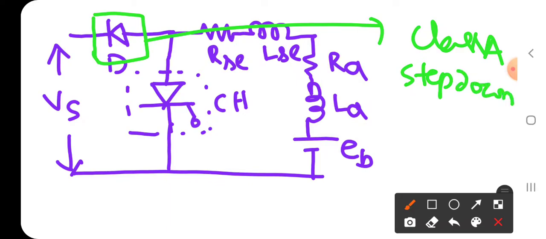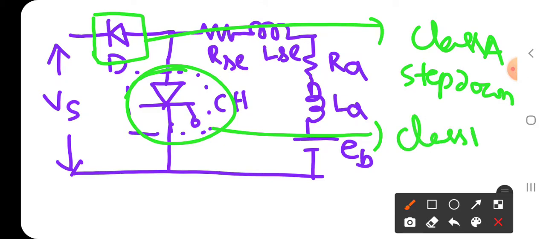If the chopper is in this branch, then it is class B or step up chopper. That means he has given a step up chopper.